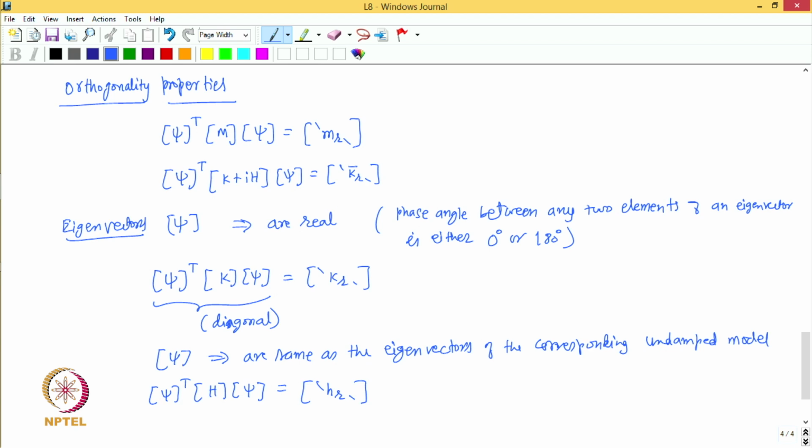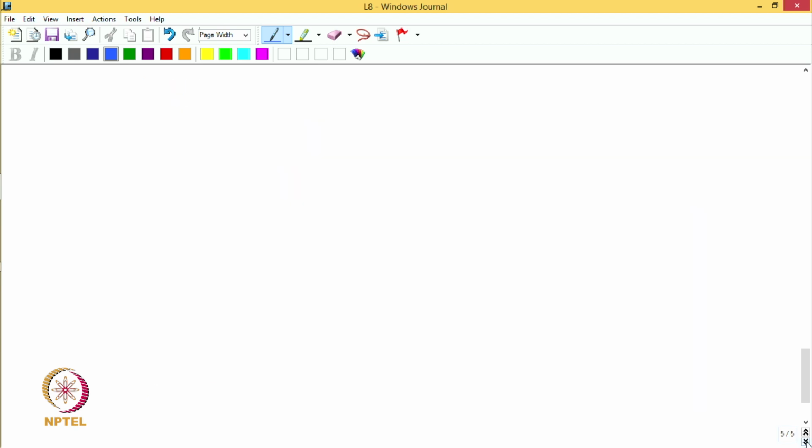So therefore, if we look at the orthogonality with respect to the complex stiffness matrix, which is K plus iH, then we can write here ψᵀKψ plus, sorry, i times ψᵀHψ, and then this is again, as we said, diagonal.